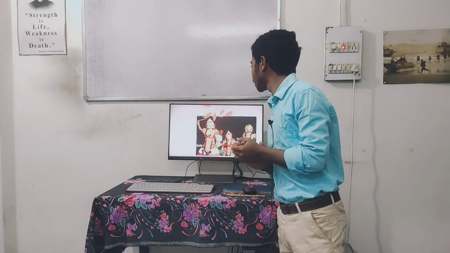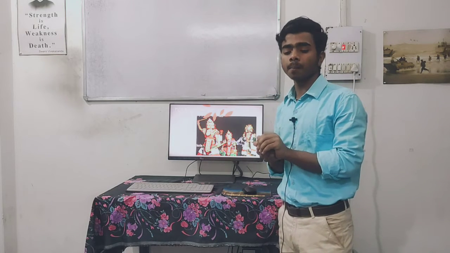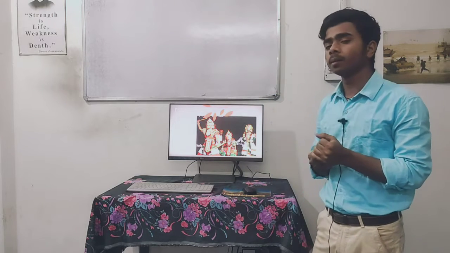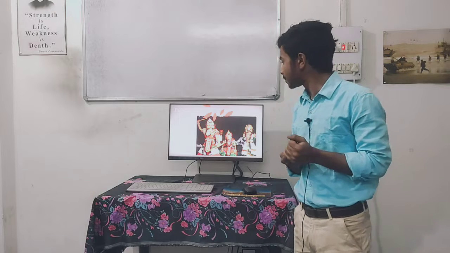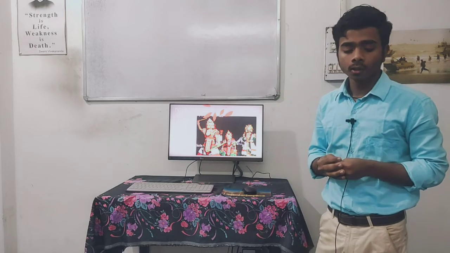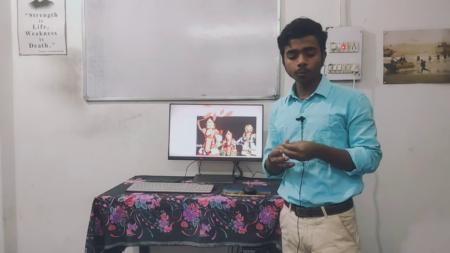Ankia Naat is famous in Assam, and in this theatre masks are especially used. Kaliya also focuses on Vishnu.